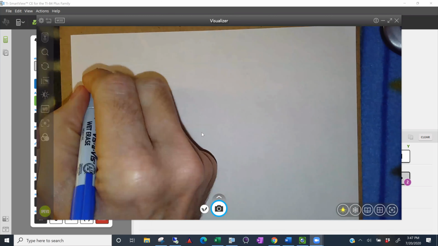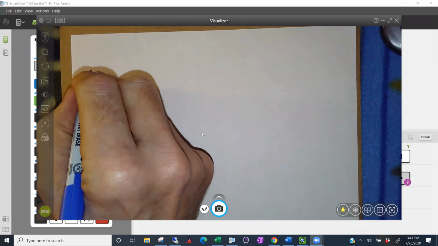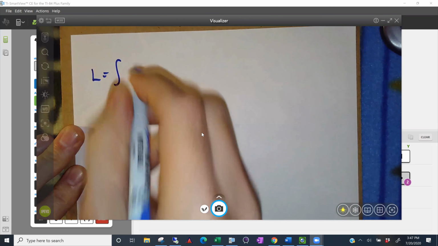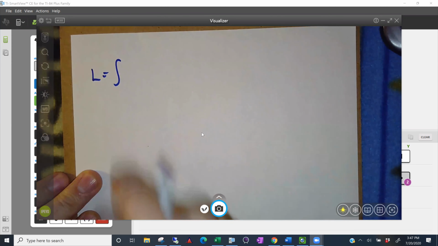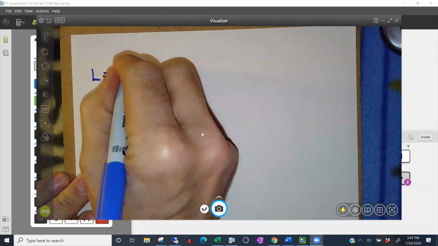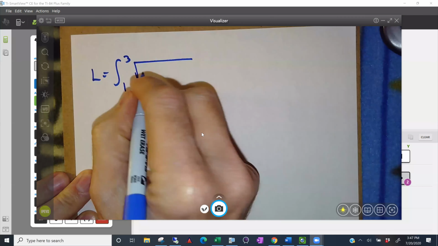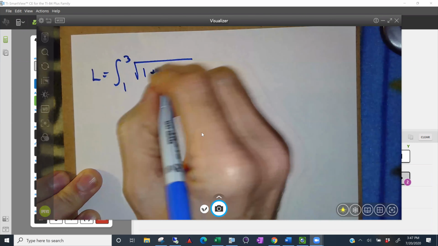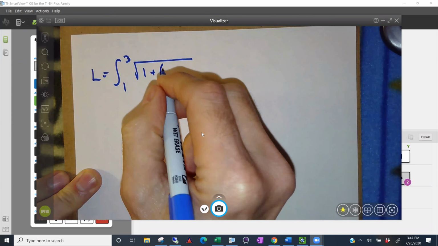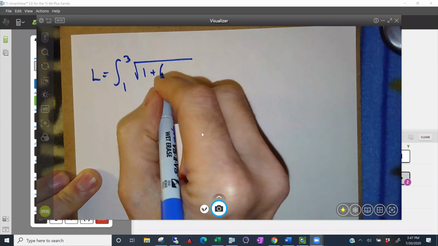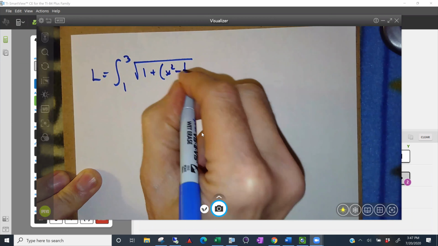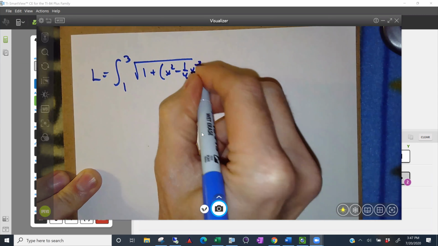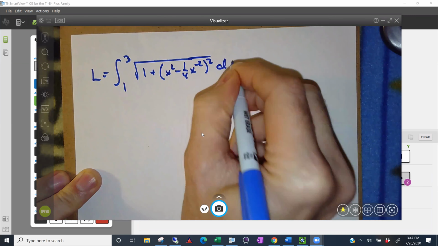To find the arc length, that's going to be the integral between 1 and 3 of the square root of 1 plus, where is it? x squared minus 1/4 x to the negative second squared again, dx.